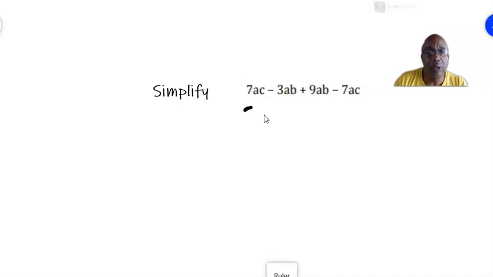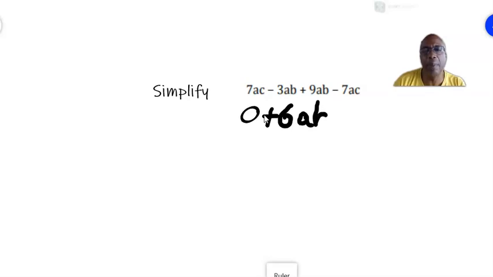We can put a 0, and now we get to the ab's. We have minus 3ab plus 9ab. Again, you have unlike signs, so keep the sign of the bigger term, which is the plus 9ab. So it's plus. And 9 minus 3 is 6ab.